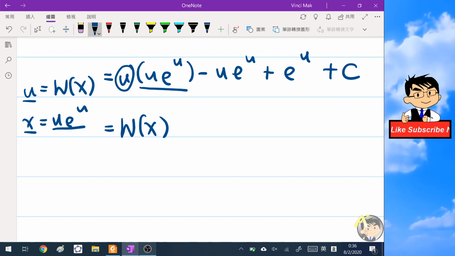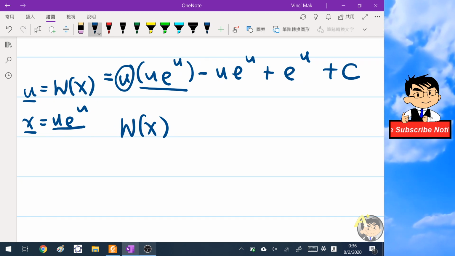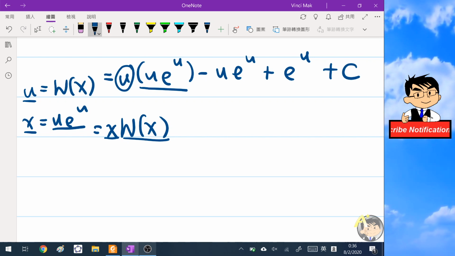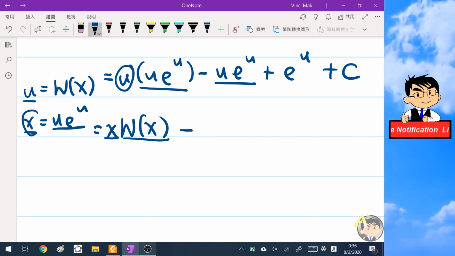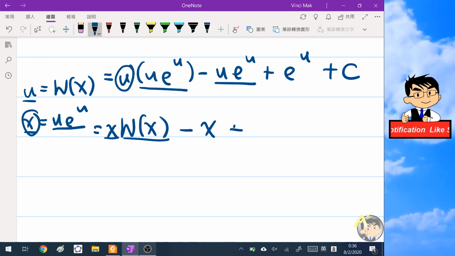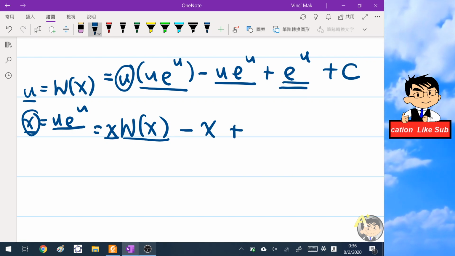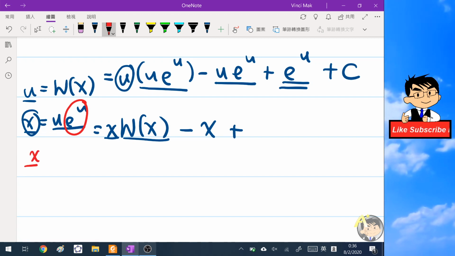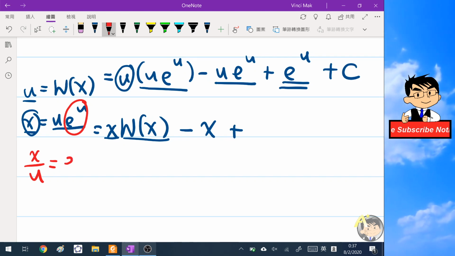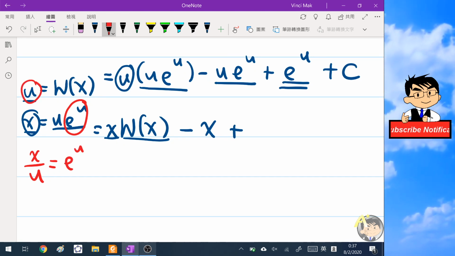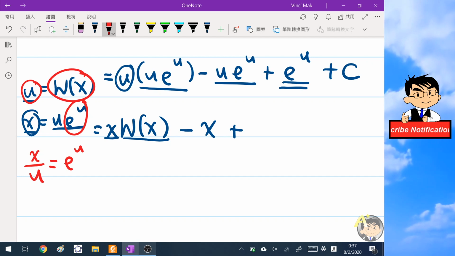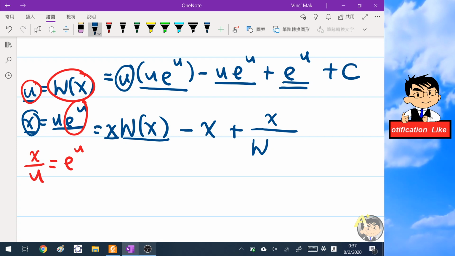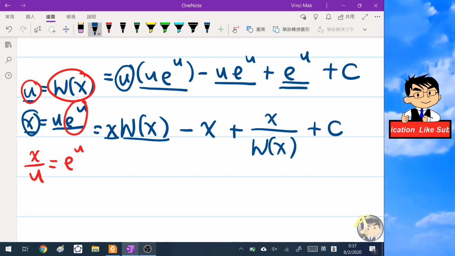So we can write the x in the front: x times W(x) minus this guy, which is exactly x, plus. So what about e to the u? We can divide by u on the left hand side, and it's equal to e to the u, and u is equal to W(x), so we can write it as x over W(x), and then plus c.